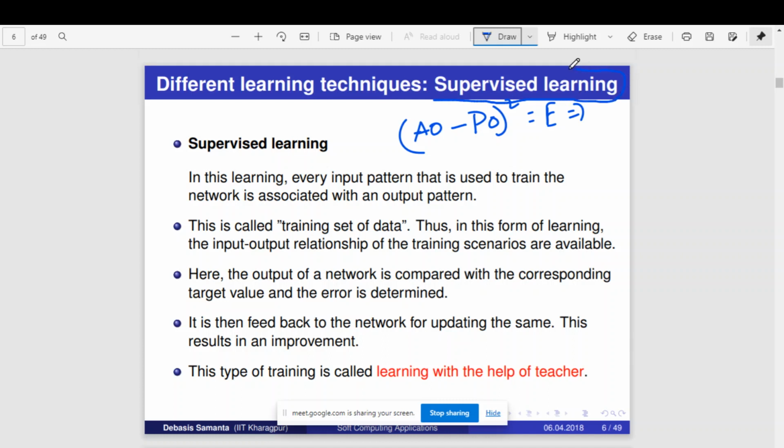So why is it called supervised learning? Because this type of learning is possible only if you know the actual output. If you don't know the actual output, this is not possible. Right? Only if I know what the actual output is can we use supervised learning. Supervised learning means that for all the data points we know the input and also the output. Initially we assign some dummy weights.